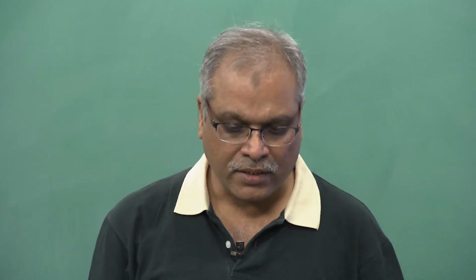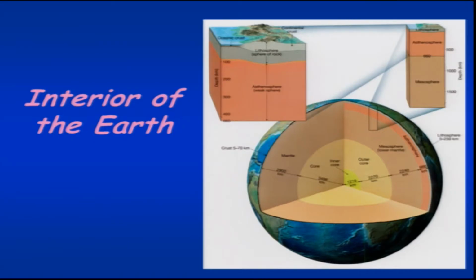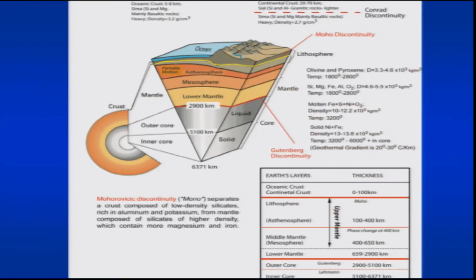Yesterday, in the last lecture, we talked about the interior of Earth. I'll briefly cover a few points, and then we'll move ahead and talk about plate tectonics today. Yesterday we discussed the different layers, and we also talked about how the Earth is not homogeneous.